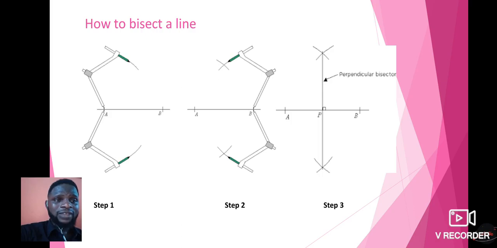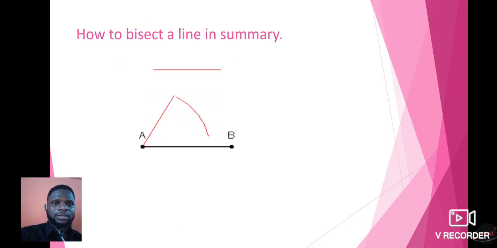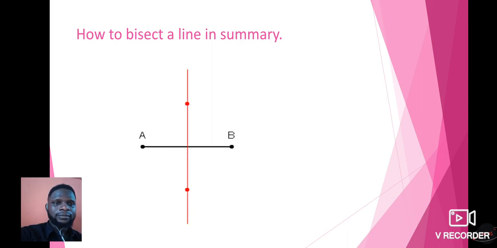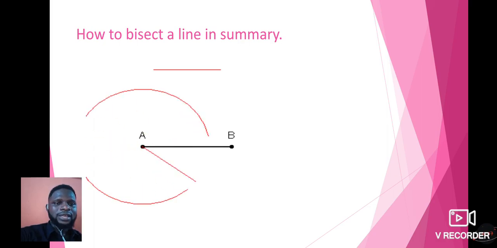As you can see, after bisecting, that bisector is a perpendicular line, and at that point of perpendicularity we have 90 degrees there. So that is also a method of constructing angle 90 degrees. So this is a summary of how to bisect a line.